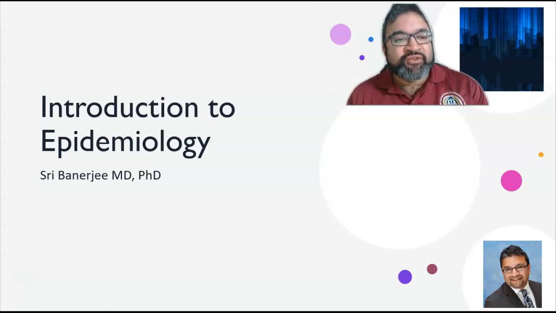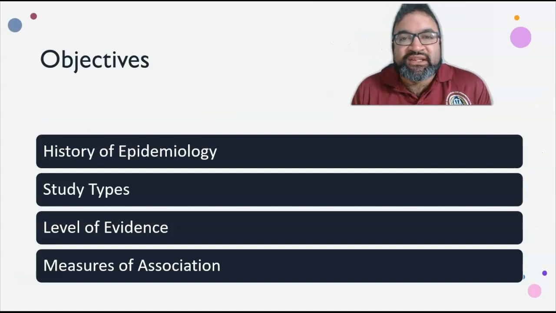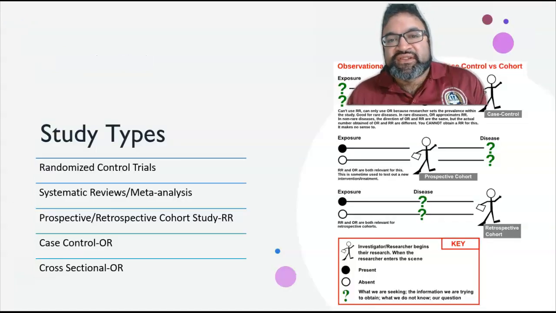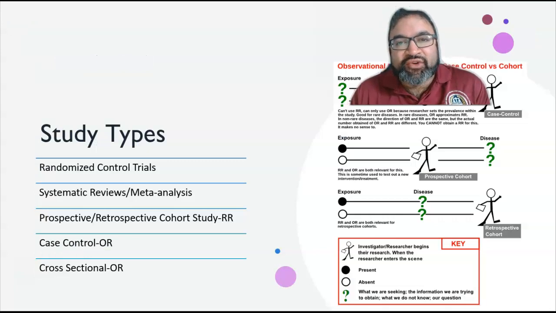So now that we have gone over the history of epidemiology, it's important to understand the study types, the levels of evidence, and then the measures of association. So what are the study types? The main gold standard that we consider is the randomized controlled trials.